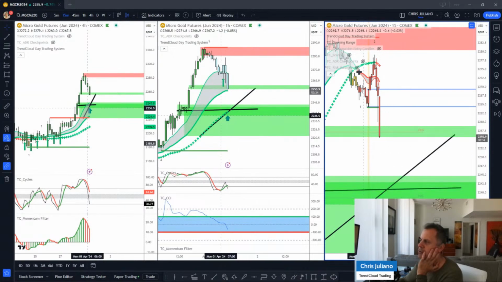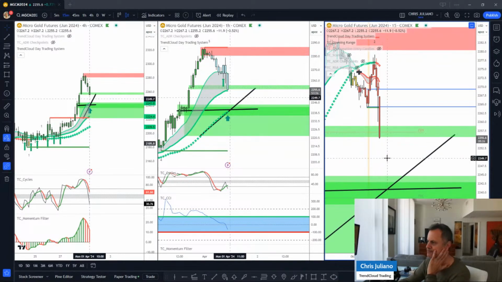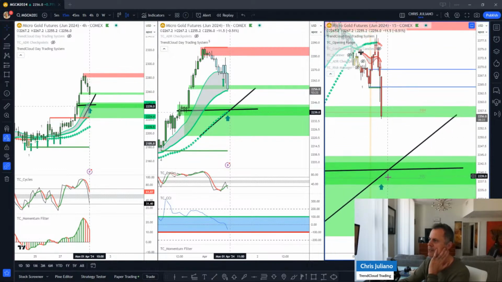Breaking through, right? Got a little bit stuck there, and now it's breaking through. Where's it heading? Maybe it wants this stuff down here.